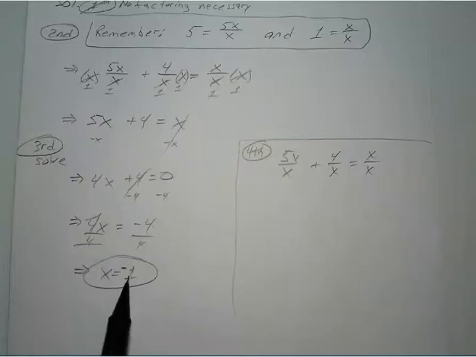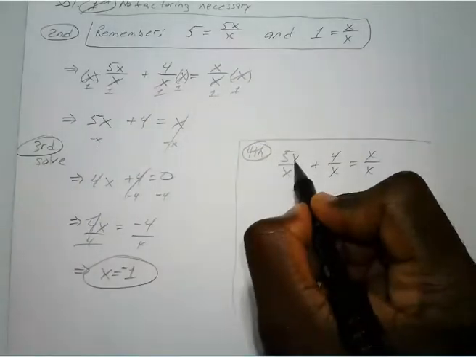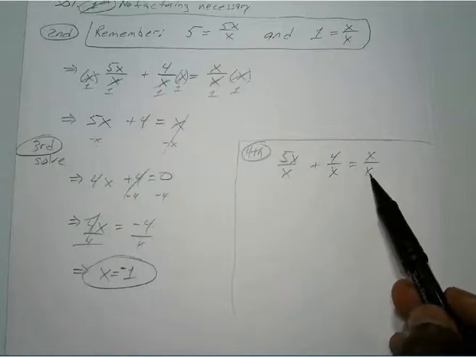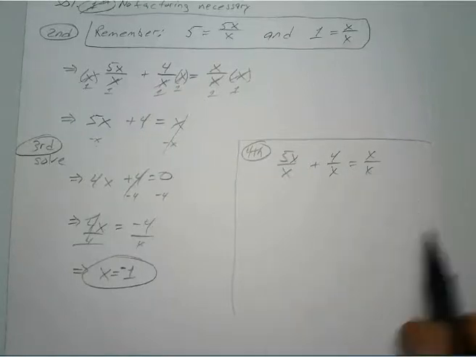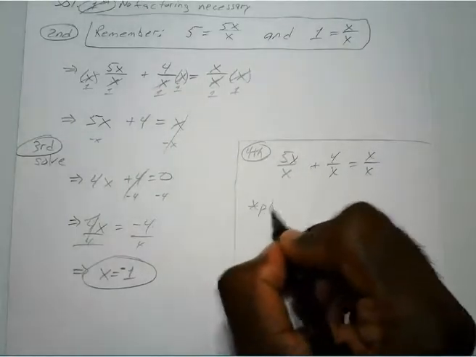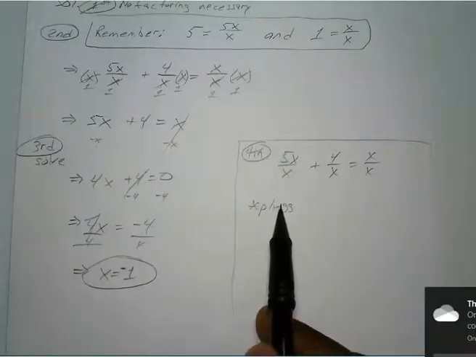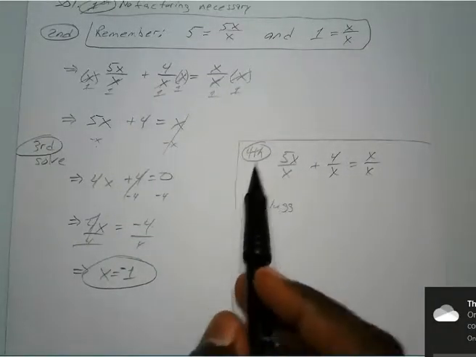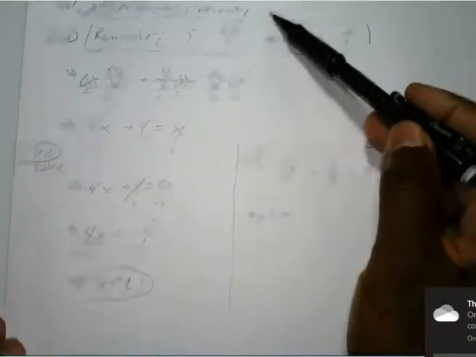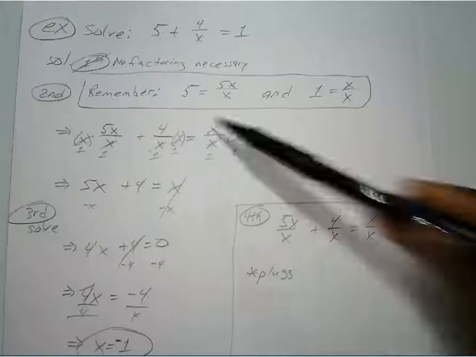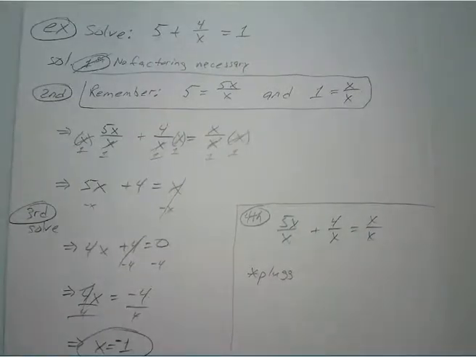If you plug in negative 1 for any of those x's, it does not turn the denominator into 0. So you are okay. And again, you don't have to write this step down. You can just kind of look up and see whether you are here or here. So you don't have to write this step down if you don't want to.